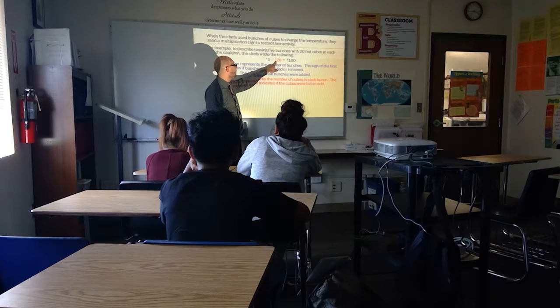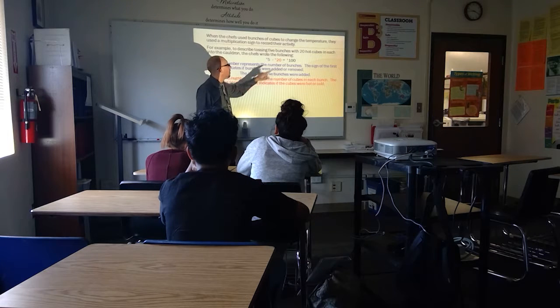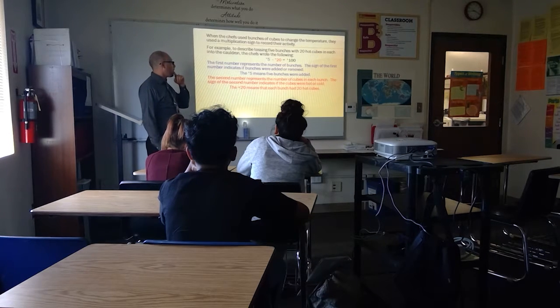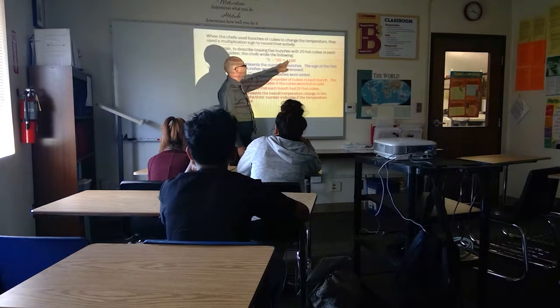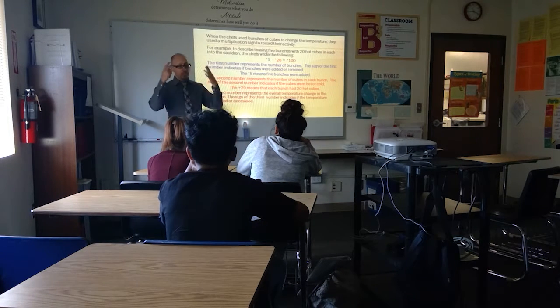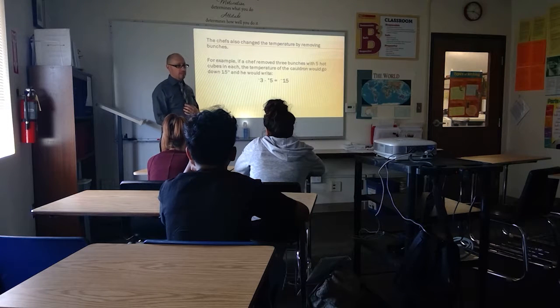And how many are in each bunch, do you think? 20 hot cubes are in each bunch. And then that last one, we learned last week, at the end it tells us how much the temperature changed. Temperature went up by 100 degrees. Alright, pretty good.